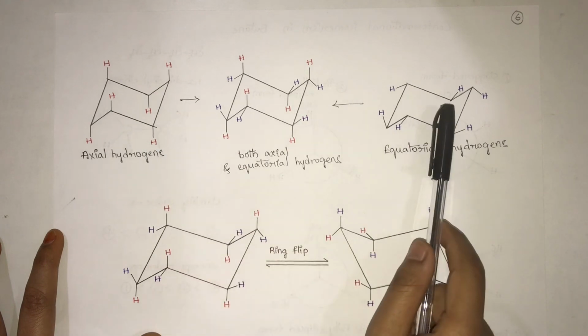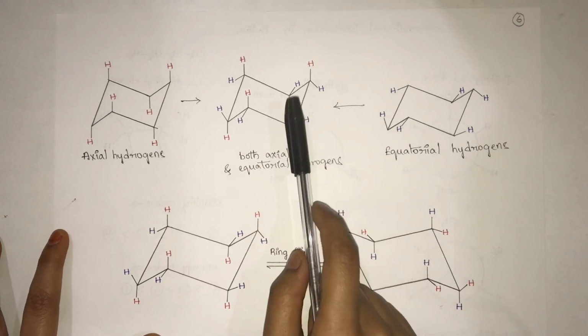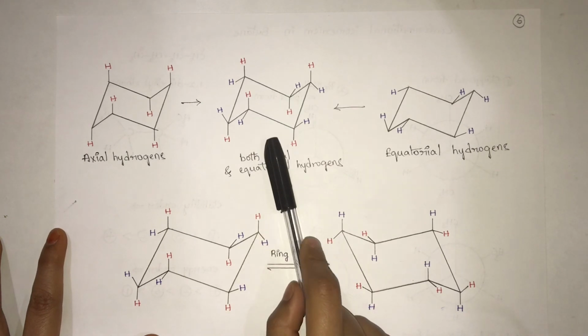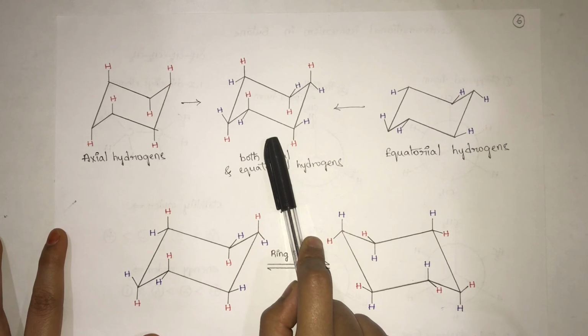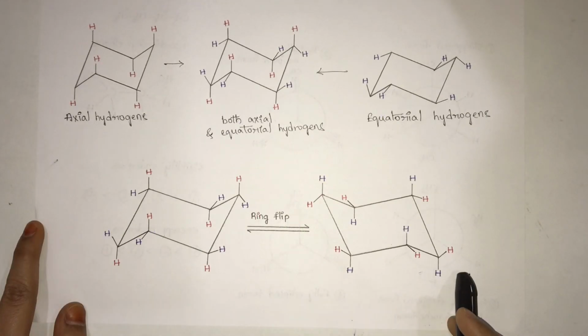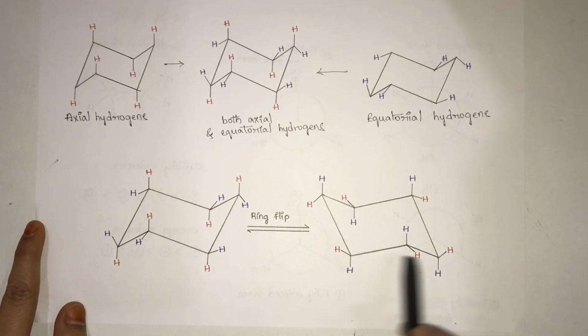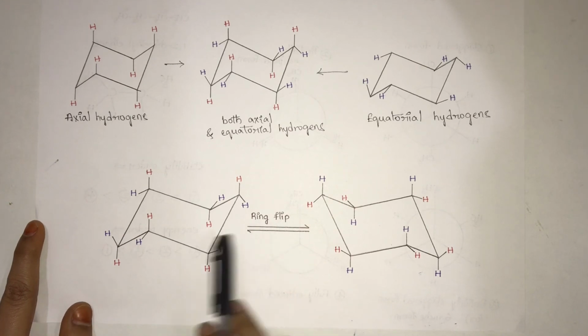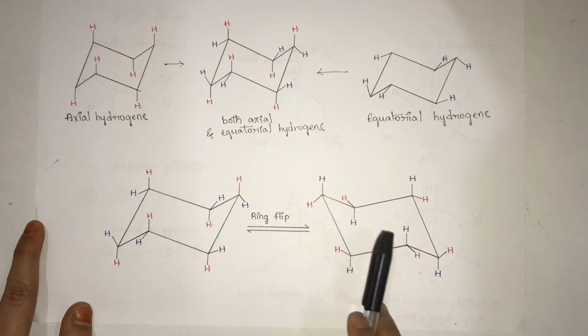On combination of both axial and equatorial hydrogens, we can see the complete structure of cyclohexane, where each carbon has two hydrogens. One will be an axial hydrogen, another one will be an equatorial hydrogen. When we perform ring flip for cyclohexane, this molecule is converted to this molecule. So what is the change between both the structures?